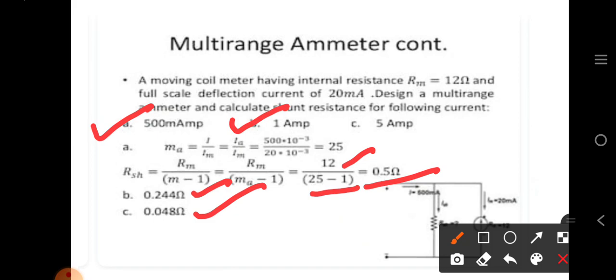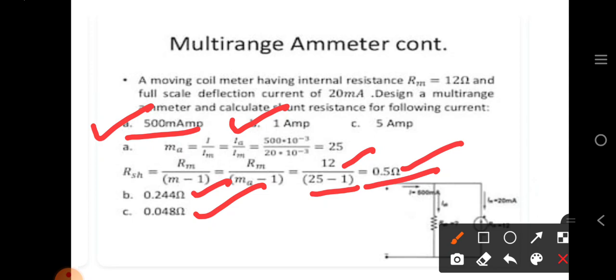Okay, so from these three examples it can be observed that if we go on increasing the range of the meter, the shunt resistance goes on decreasing. For the first example, extending the range up to 500 milliampere, the resistance was 0.5 ohm.